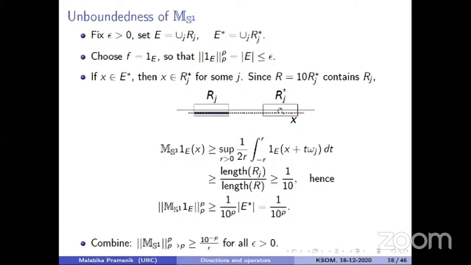Thus, capital R must contain Rj, and the test function is 1 there. Therefore, the average of the test function on capital R picks up a certain amount of mass just by virtue of containing Rj. And when you compare the length of Rj with the length of R, that's where this fixed constant lower bound comes from.